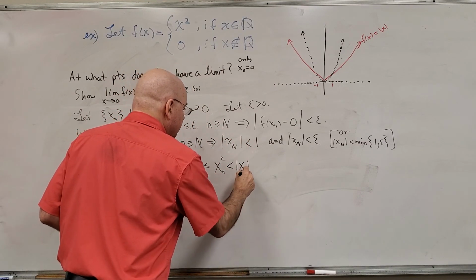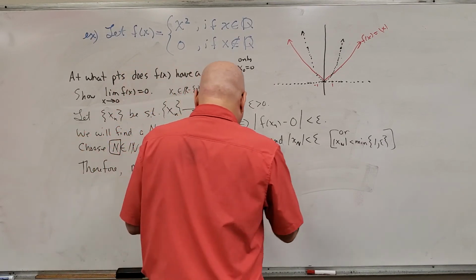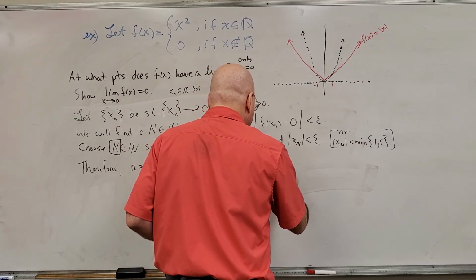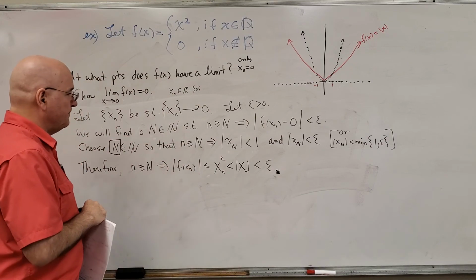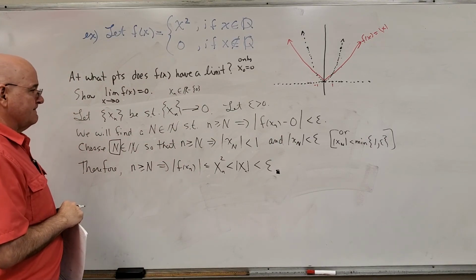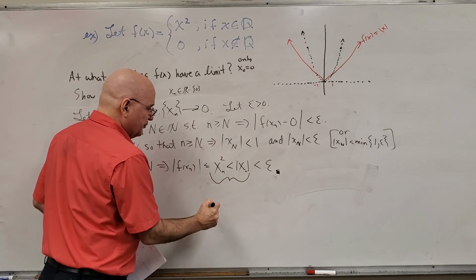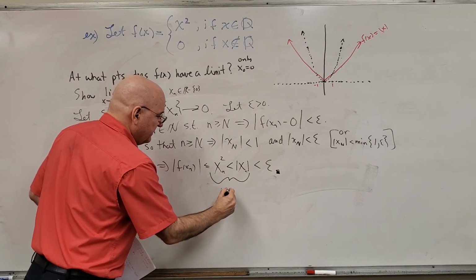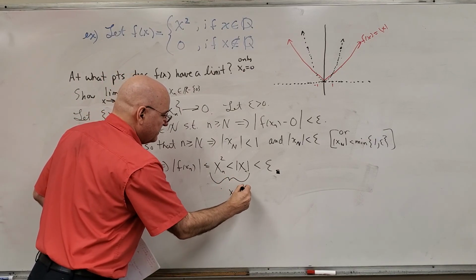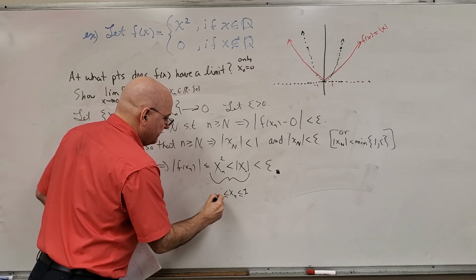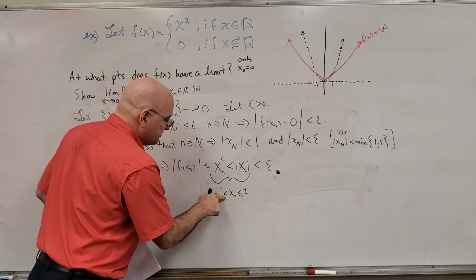And that needs an N, and that needs an N. And that's less than epsilon. For the same reasoning as last time. This part is true because xn is between 1 and -1. Actually, it's strictly in between.